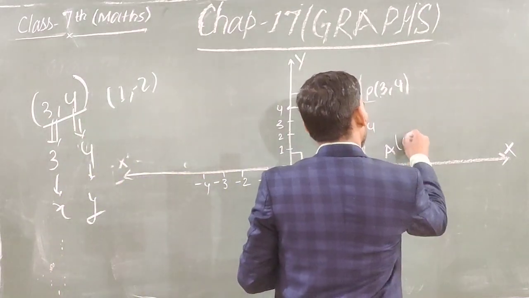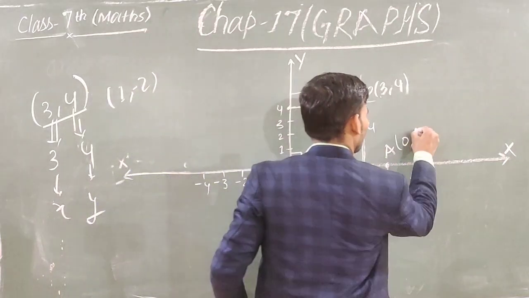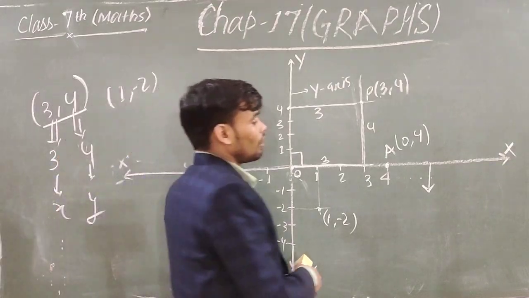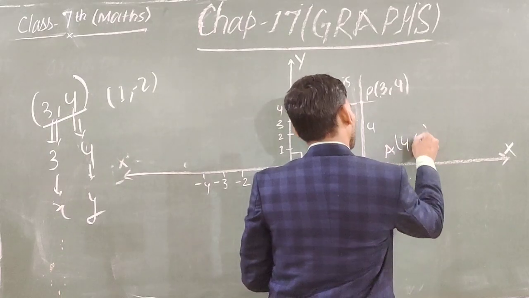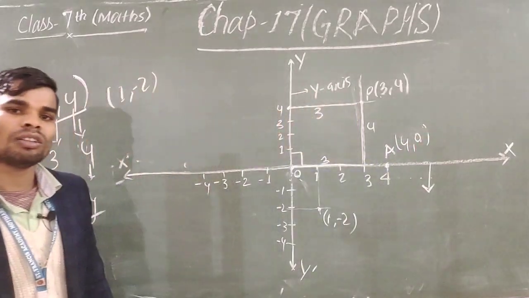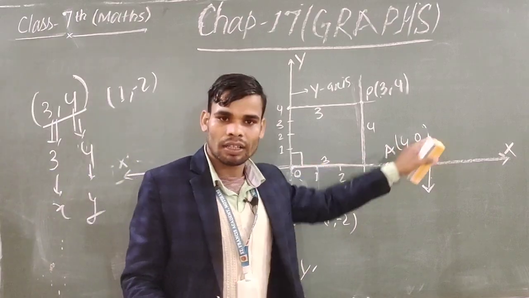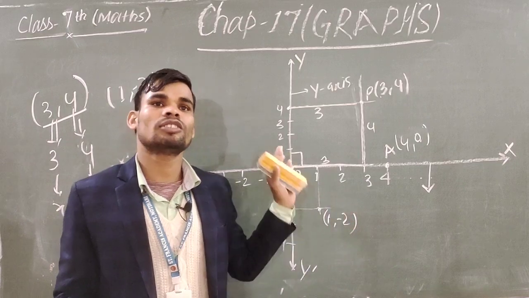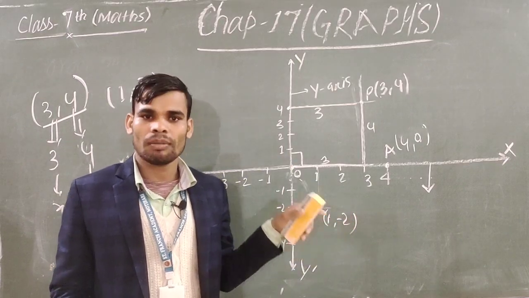So this will be the y coordinate, and the distance of this point from the y axis is 4. So if we write the x coordinate first, then the y coordinate: if any point is lying on the x axis, its coordinates will be x comma 0, and if any point is lying on the y axis, its coordinates will be 0 comma y.